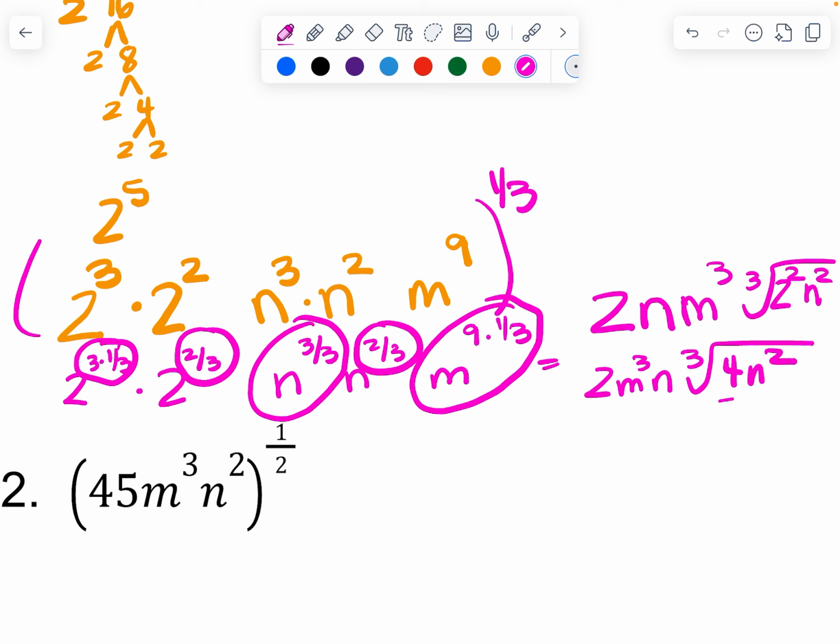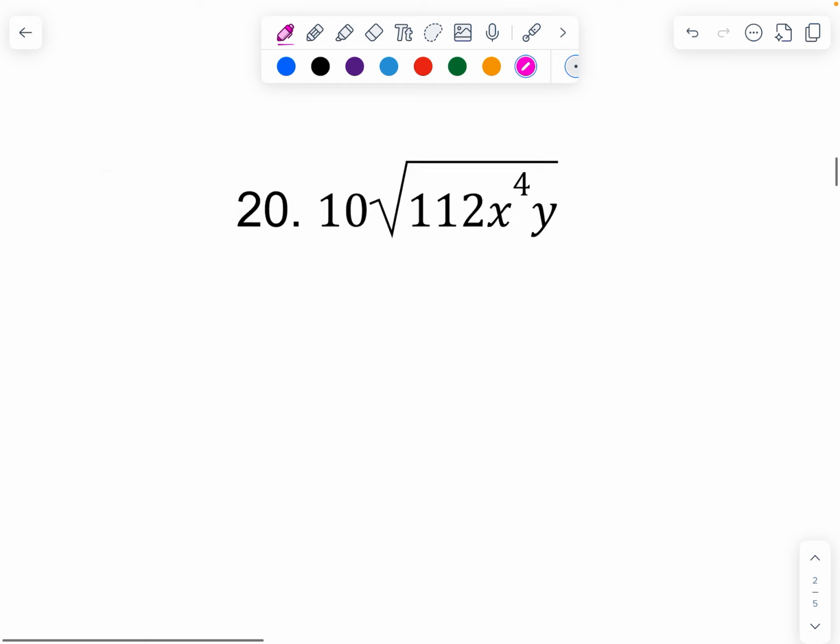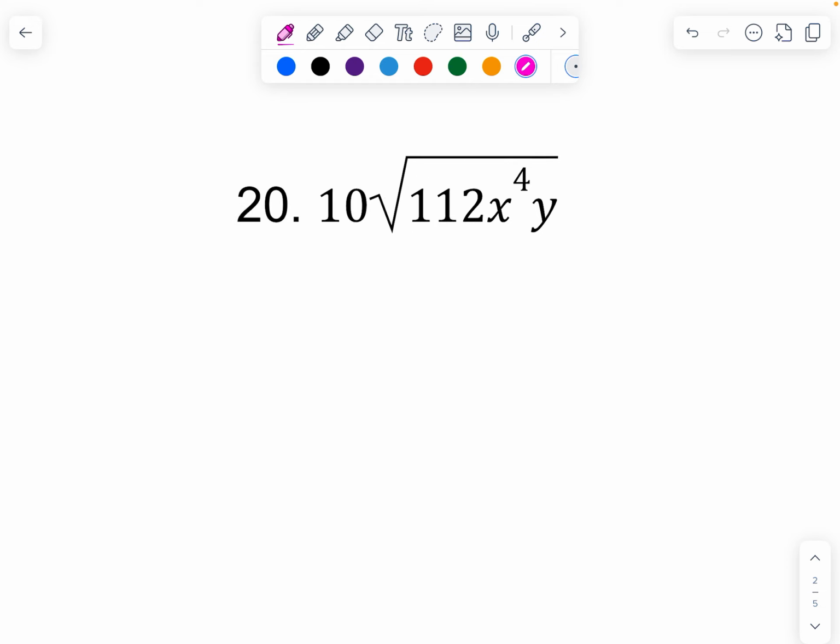You can't take the cube root of that. Okay, let's try this again. Okay, there's an invisible 2 there. So I need all the exponents inside to be divisible by 2.